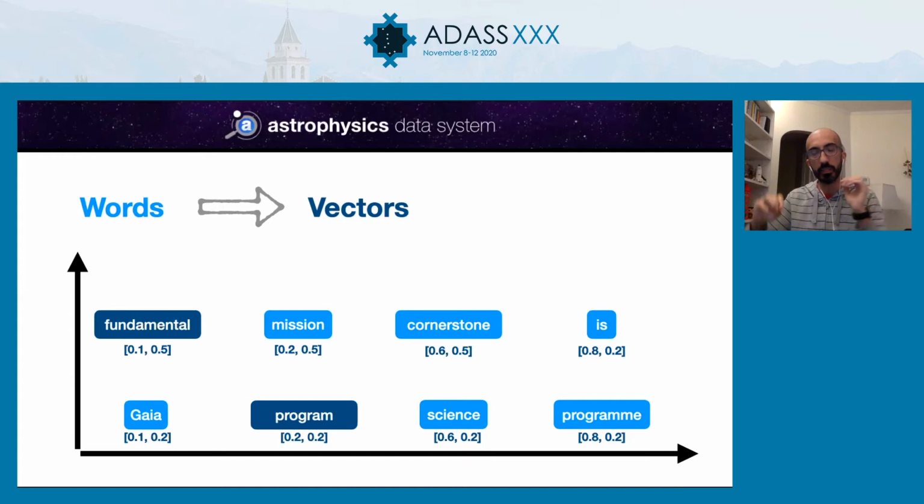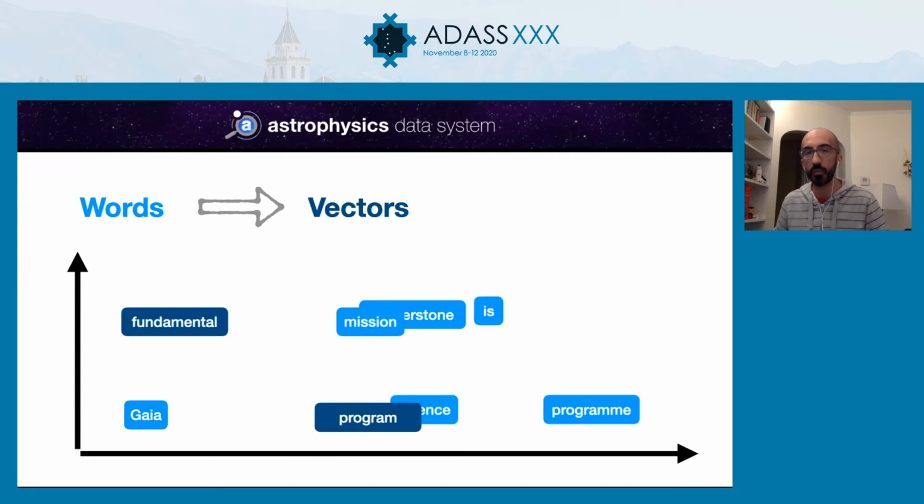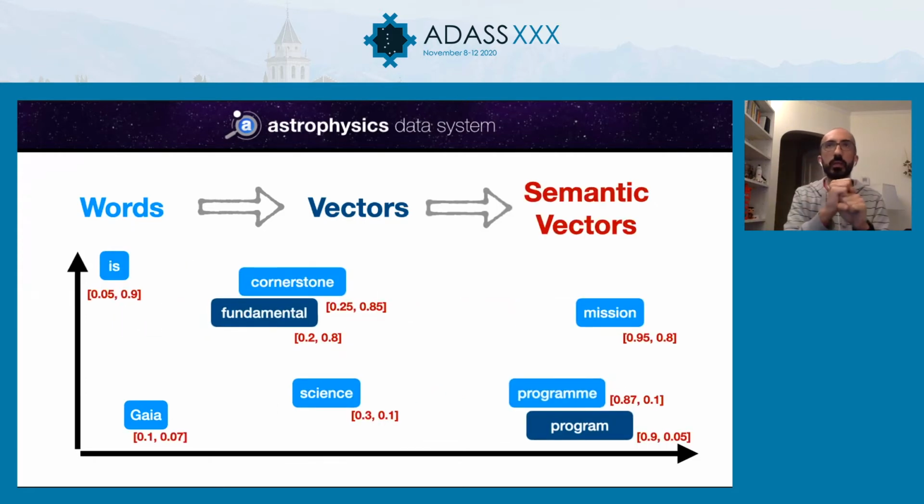But what if we go even further, and instead of converting the words into random positions in that space, we distribute them so that words that are more similar end up closer together? We would be transforming these words into vectors, and finally what we call semantic vectors.